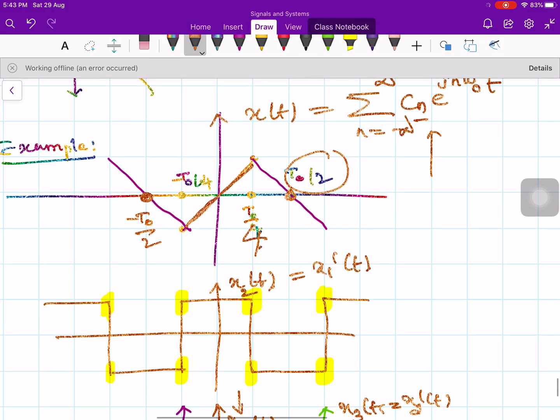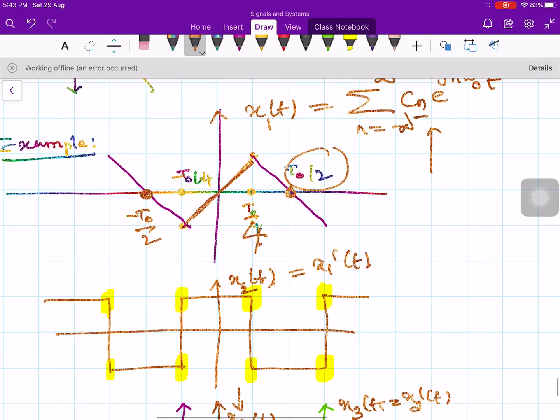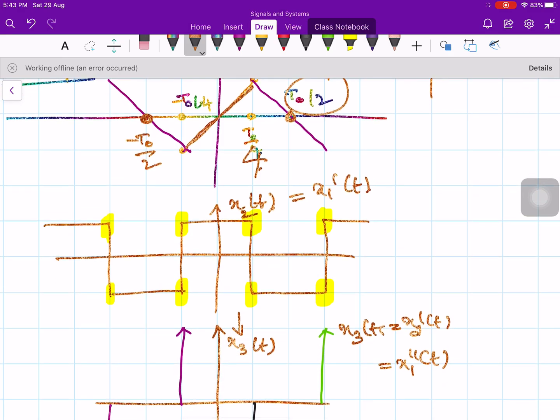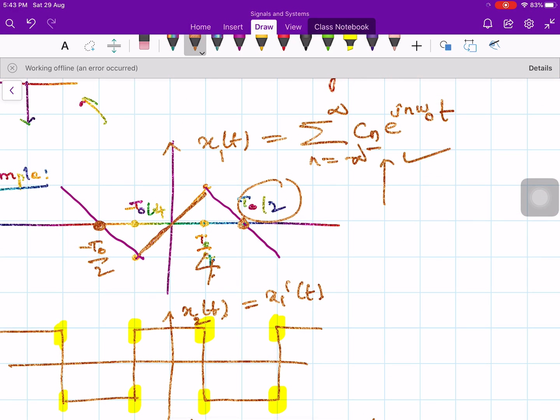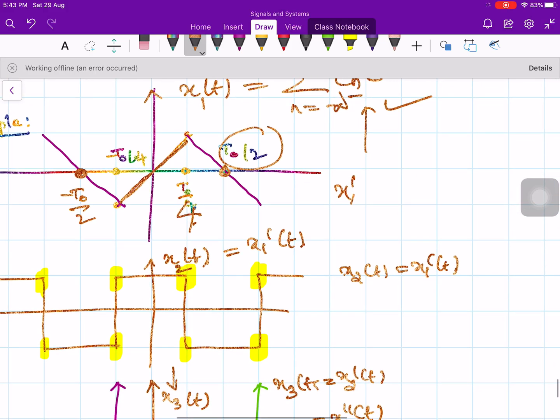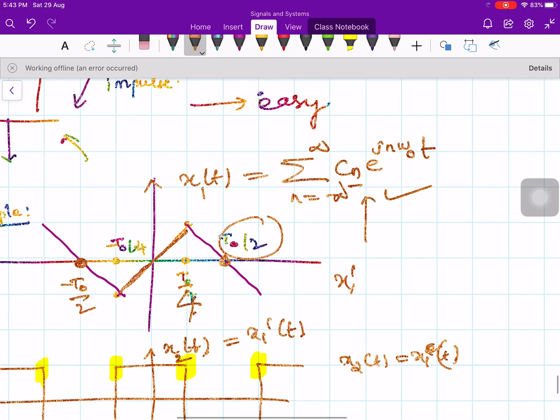Sorry, let me say this is x2 and this one is x1, then correct. x2 of t is the first derivative of x1 of t, x3 of t is the second derivative of x1 of t. Now x1 of t I have given here. Now how do you find x1 dash of t? x2 of t is equal to x1 dash of t, right? So x1 dash of t is given here, differentiate once.